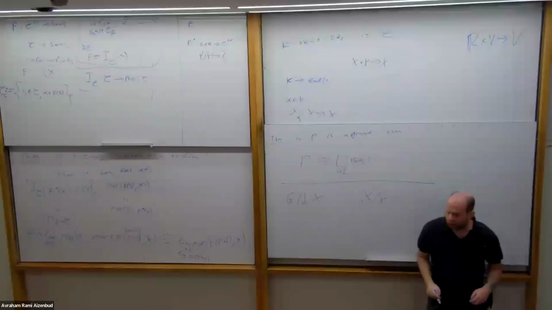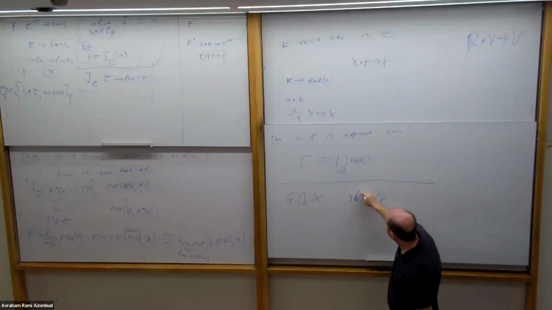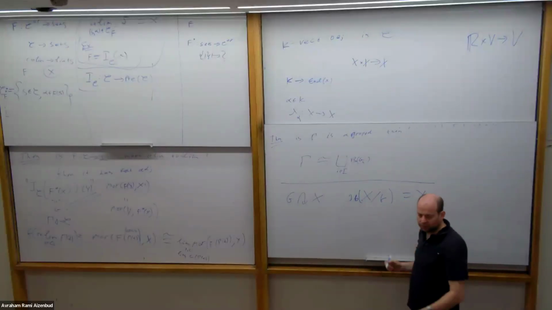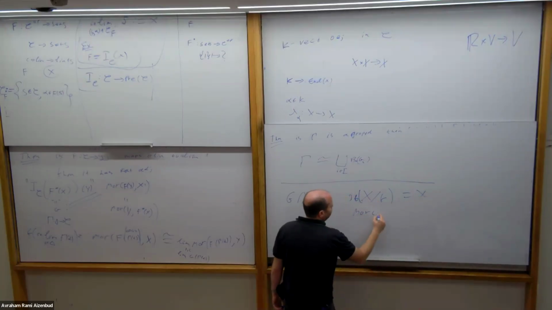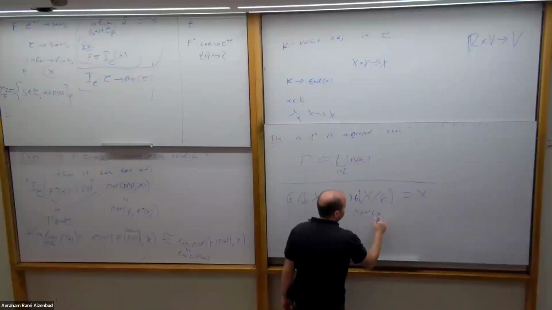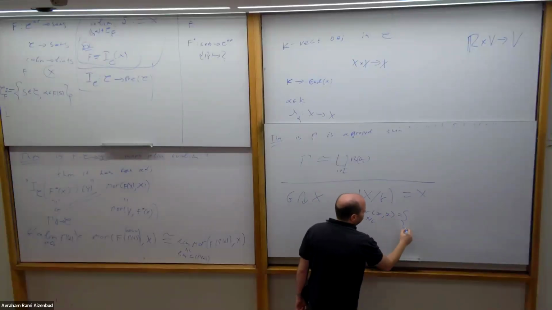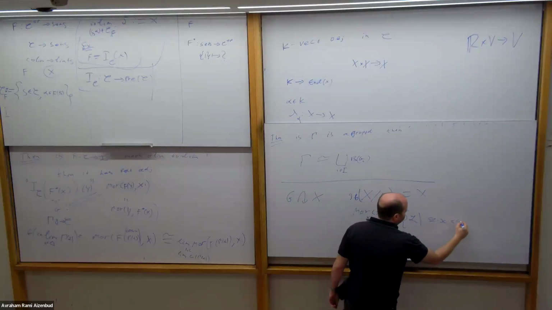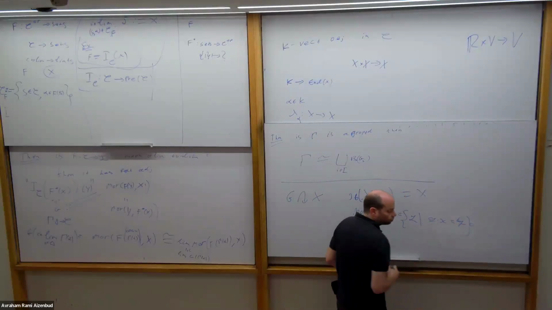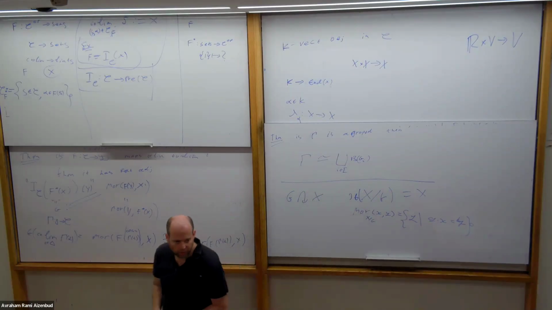It's a groupoid whose objects are the set X, and a morphism in this groupoid from x to y is a collection of all g in G such that gx equals y.